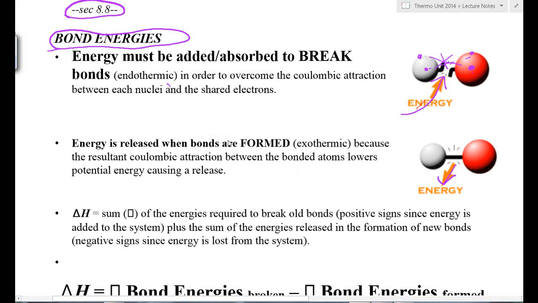If I am forming a covalent bond, I'm sharing electrons in order to get a full octet. So it's all about the bonding becoming more stable. And more stable means lower in energy.